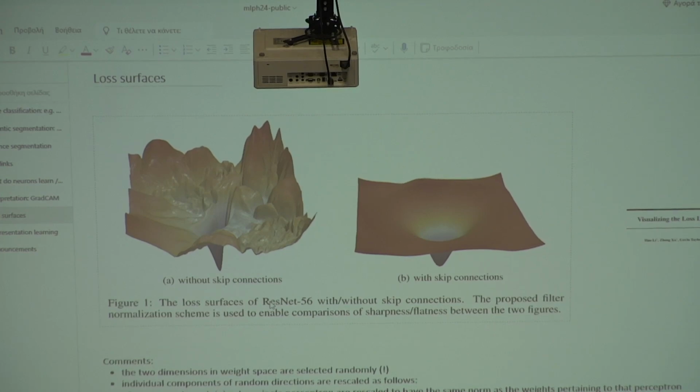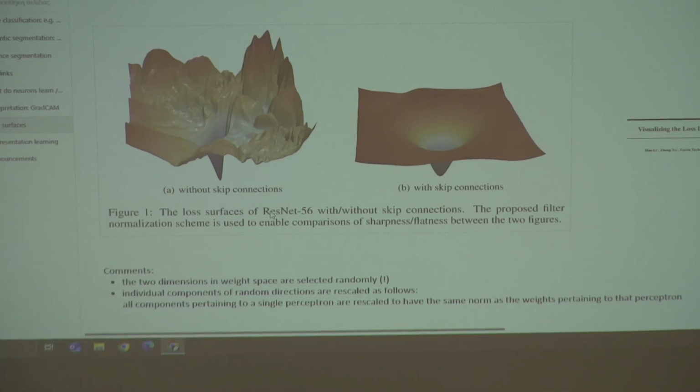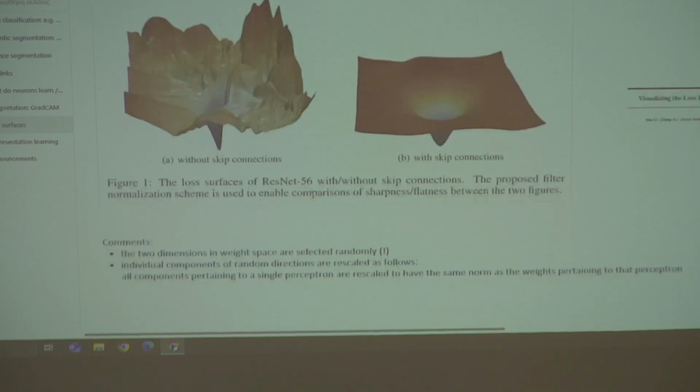Still, if you repeat this experiment, you see that the loss surface tends to be more rugged if you don't have the skip connections. And so this was used as a hand-waving explanation of why skip connections help in the training. It's a bit hand-waving because the scaling of these axes and so on is a bit questionable.